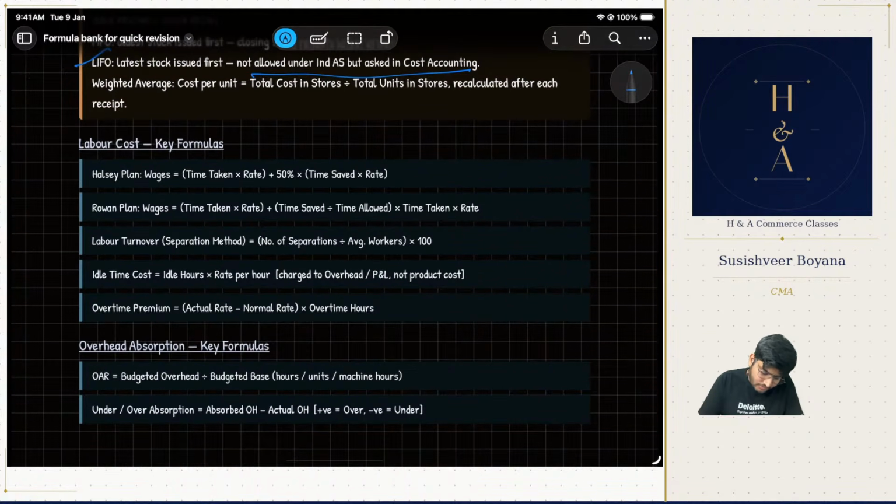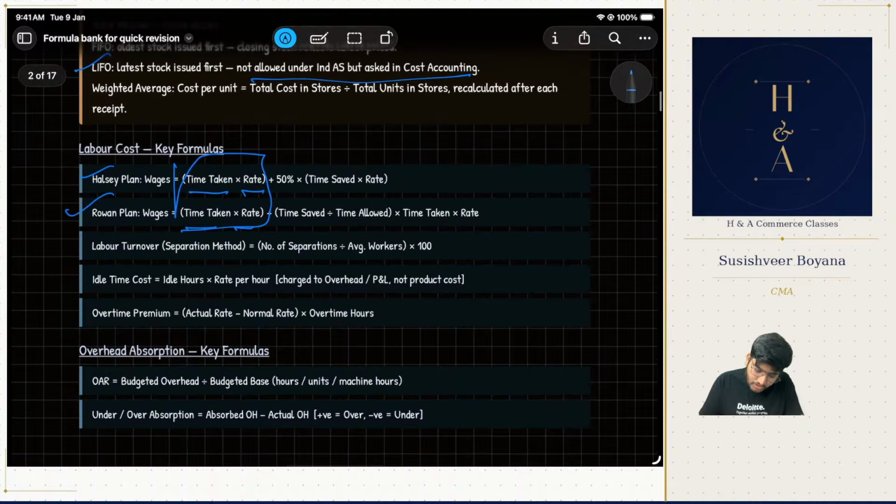Okay, labor cost. I'll say plan. These are for wages, right? I'll say row 1: time taken into rate, it is pretty common. So what do I have to remember? 50% into time saved into rate would be Halsey, and for Rowan, time saved by time allowed into time taken into time rate.